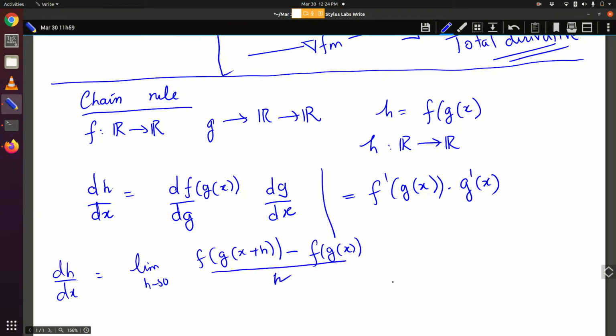What we can do is write this as the limit of f of g of x plus h, and multiply and divide by g of x plus h minus g of x.